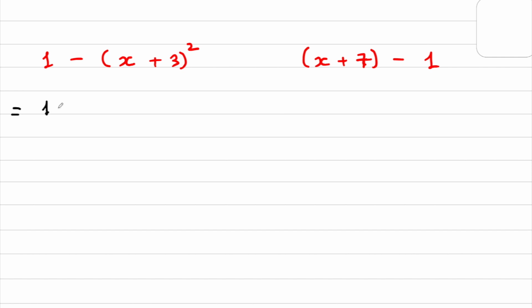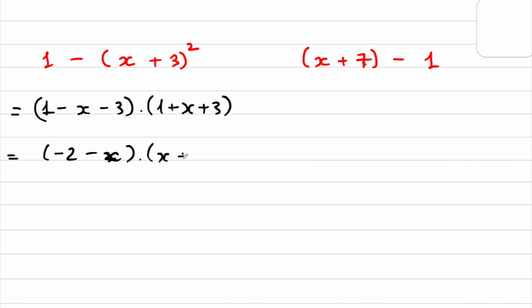You have here 1 minus x minus 3, that is the first, and 1 plus x plus 3. I think you're a little bit confused about this question, so work on it by yourself, you will figure out minus 2 minus x here, and x plus 4 here, and here one more time I forgot here is square.